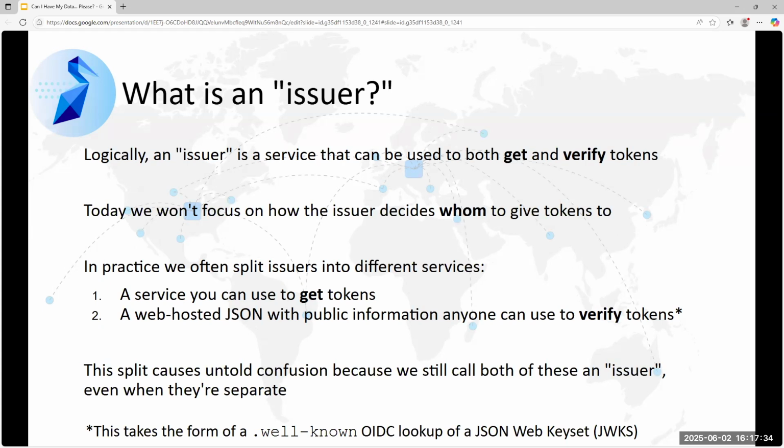And that causes a lot of confusion, both for us and for our users. So it's especially bad if it's causing confusion for us. I want to try to distinguish these 2 different things that we call an issuer. The first is the service that you use to get tokens, and the second is the service that you use to verify those tokens. I'll try to be clear when I'm talking about one versus the other for the rest of the presentation.